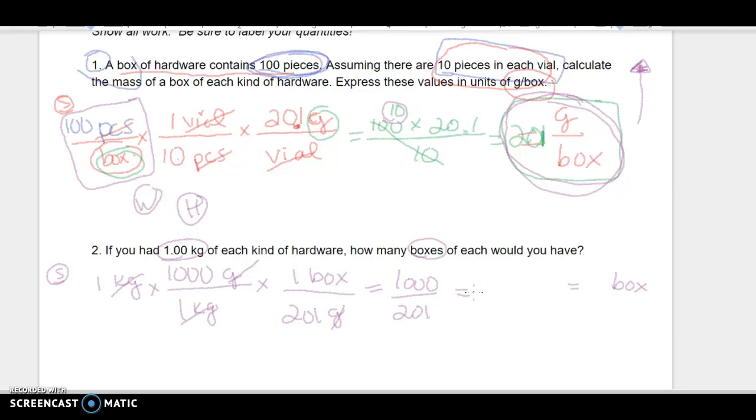Let's see if it's worth it to even write the decimal. 4.98. Okay, so I'm going to get 4.98 boxes, or 5 boxes, depending on how we want to round it. Okay, all right, and then you have to do hex nuts, and then you have to do washers.